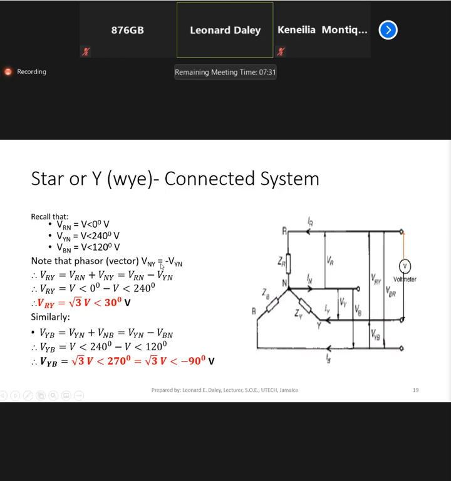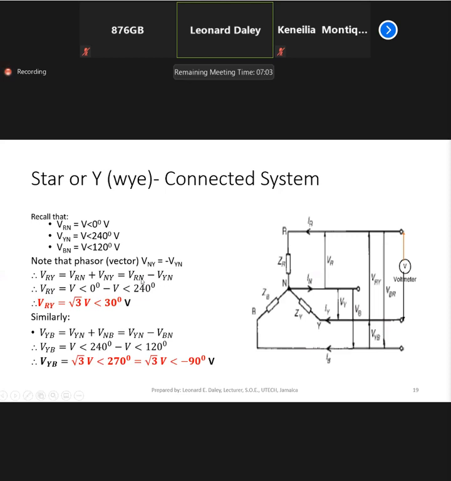But VNY is actually minus VYN, if you remember your vectors. Just switching around the subscripts means that you're actually reversing direction. So therefore, VRY is equal to VRN plus VNY, and that can be written as VRN minus VYN.